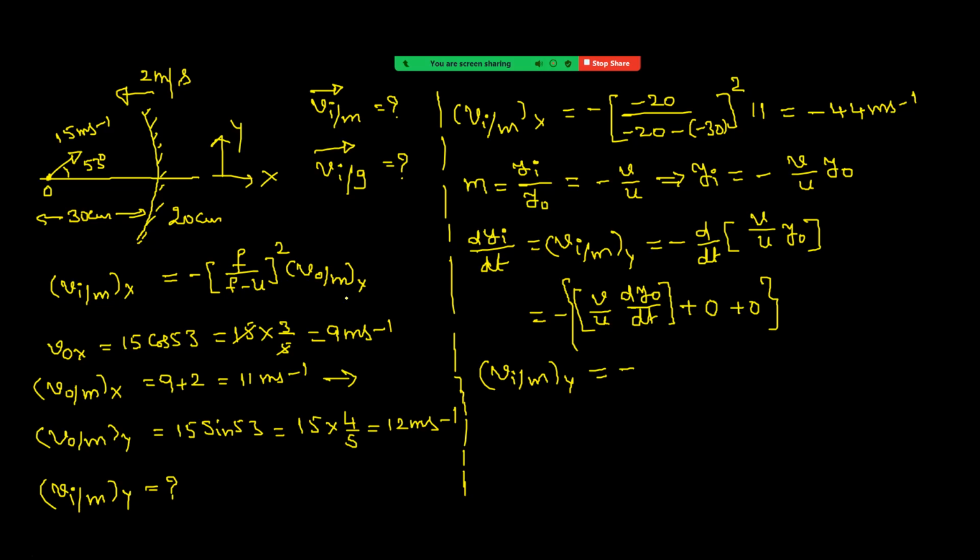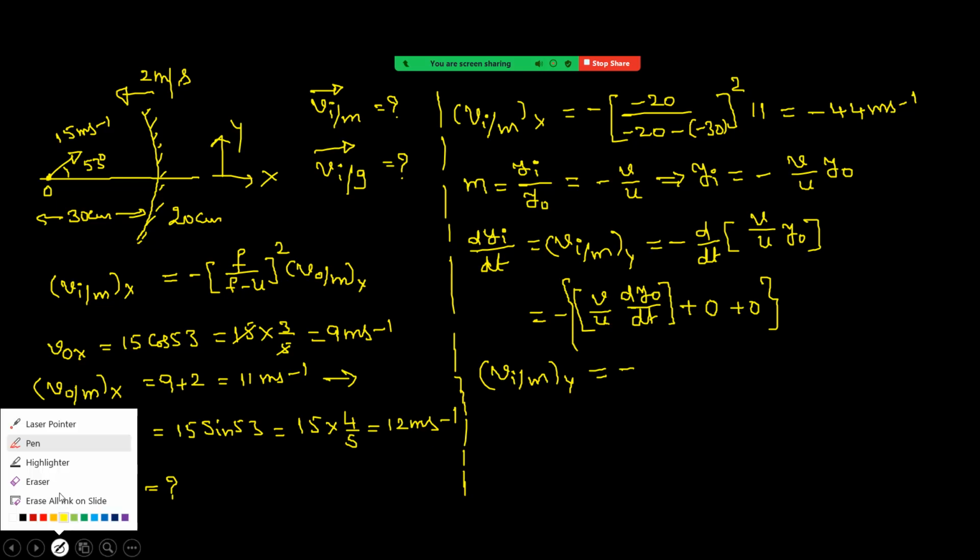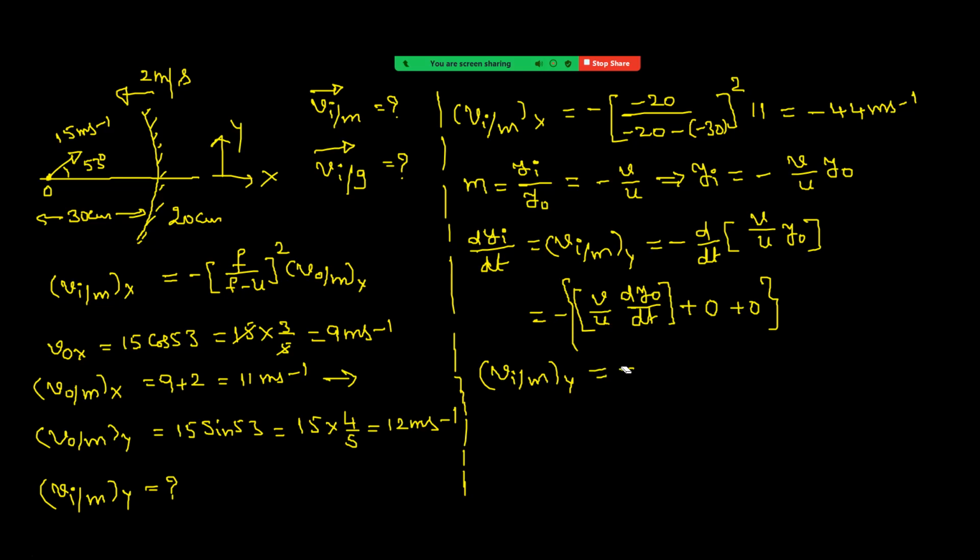So I am writing here, in the place of minus v by u, that magnification, f by f minus u, into dy naught by dt. That value, how much we got? 12. So into 12.